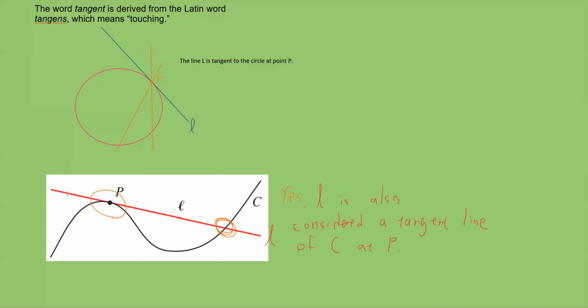So it's okay if we extend the tangent line and cross the graph somewhere else. In this case, it's just an extension of the tangent line, which causes it to cross the curve C. That's fine because we want the red line to be only touching point P around point P.